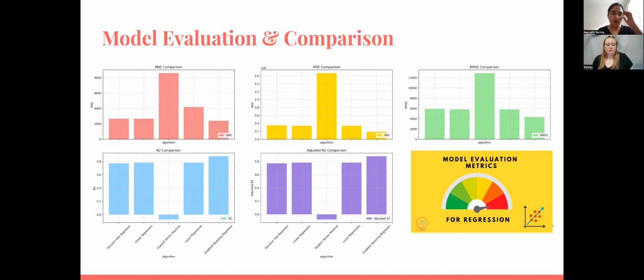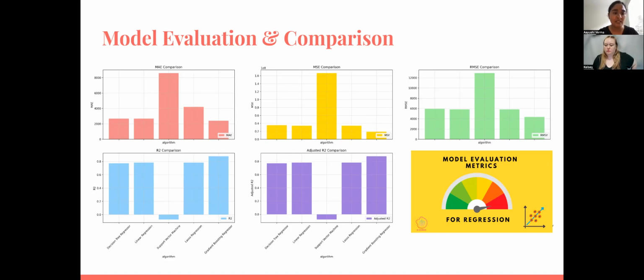And in order to evaluate the 5 models that we did, just out of the box, no hyperparameter tuning, no optimization, no gradient boosting, just scikit-learn out of the box, there are some metrics that we need to use to evaluate the goodness of the predictions. So did my model actually predict a value that is reasonable, in line with the actual values that it should have been? So the first graph, the MAE comparison, that's the one with the red bars.